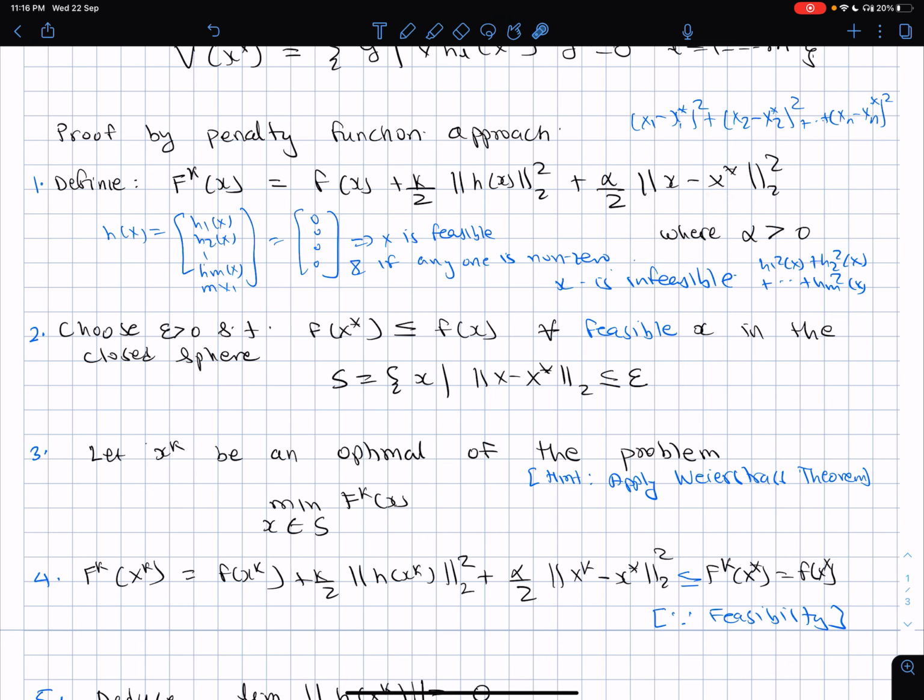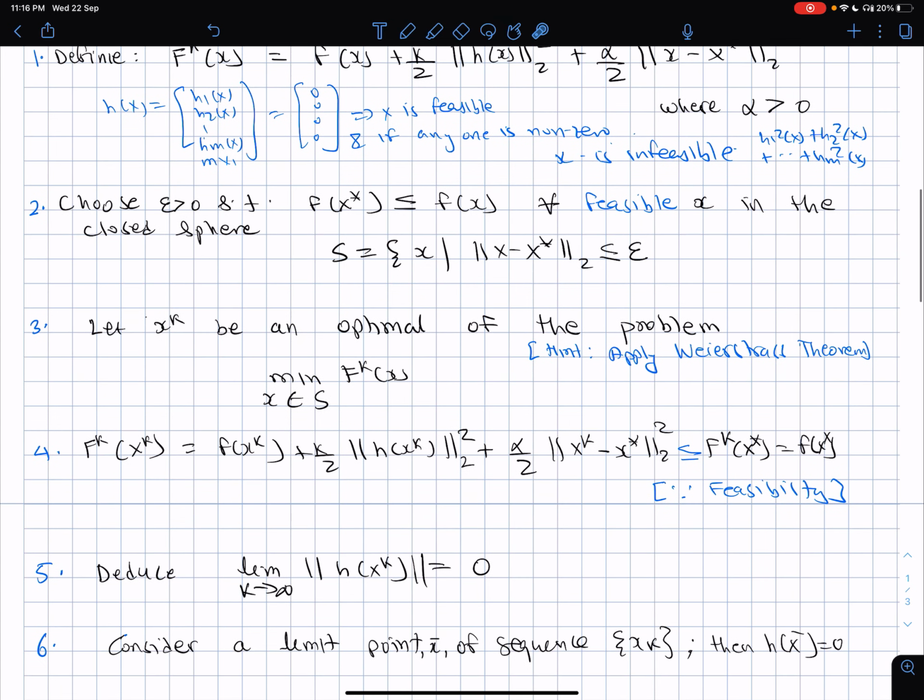So this handles the problem of weak local minima, but if there is a strict local minimum, then probably this is not required.